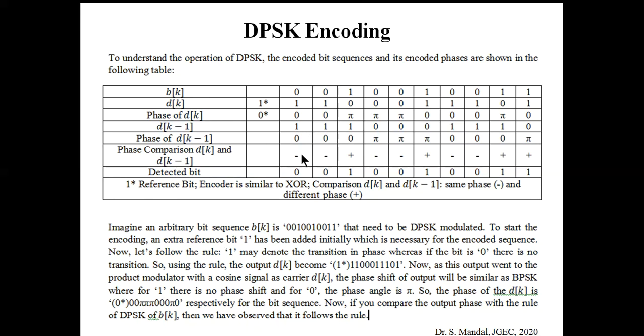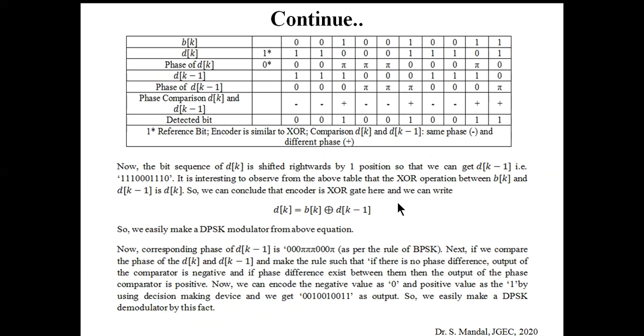Okay, now coming to an interesting part. If you observe BK, DK and DK minus 1, we can see that if we take the XOR between BK and DK minus 1, we get the ultimate DK. It is interesting to observe that the XOR operation between BK and DK minus 1 is DK.